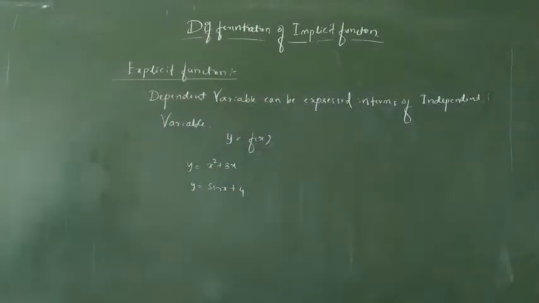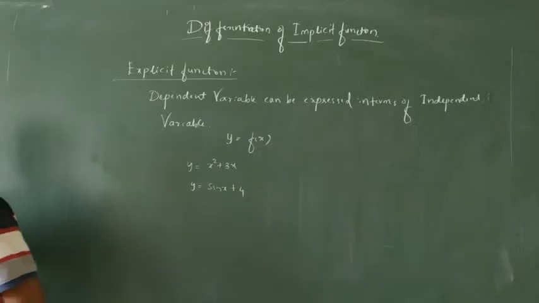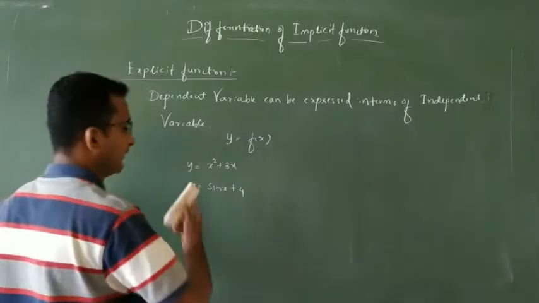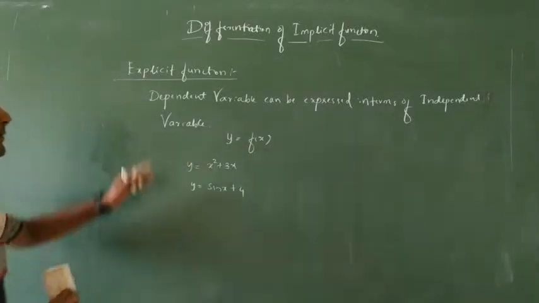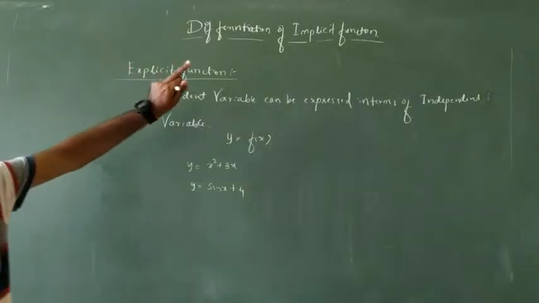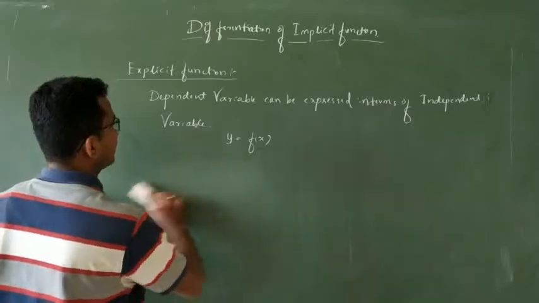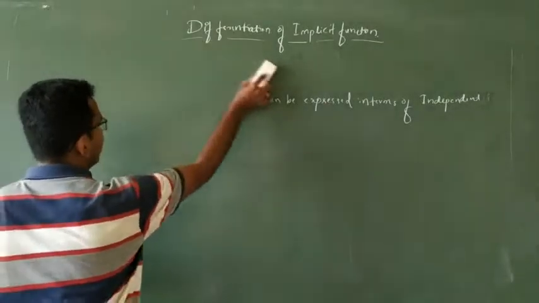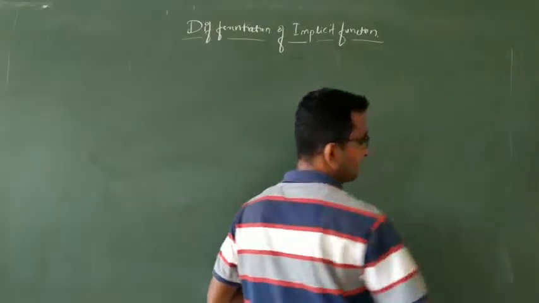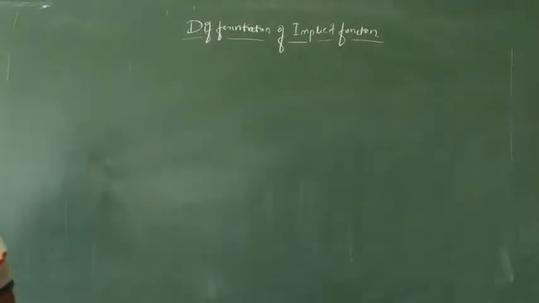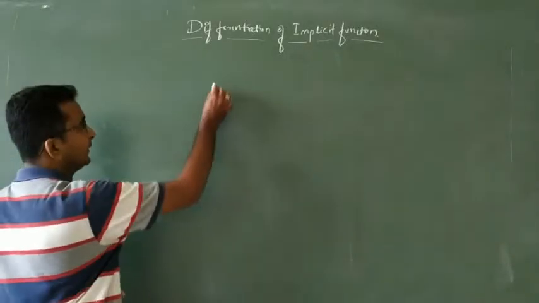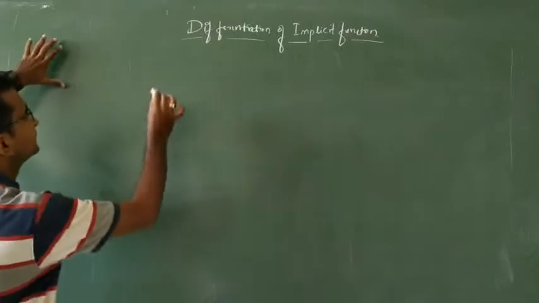In your examination they are going to ask about the implicit function. The explicit is also asked, but the most important thing is how to decide that a function is implicit. So what is meant by the implicit function?